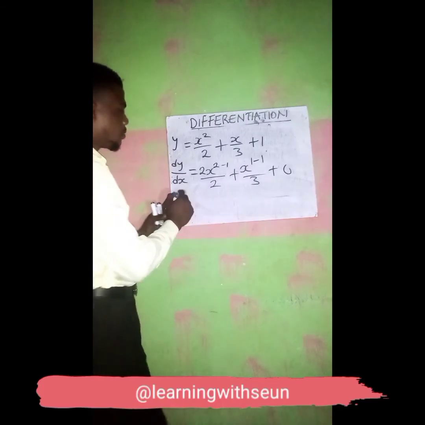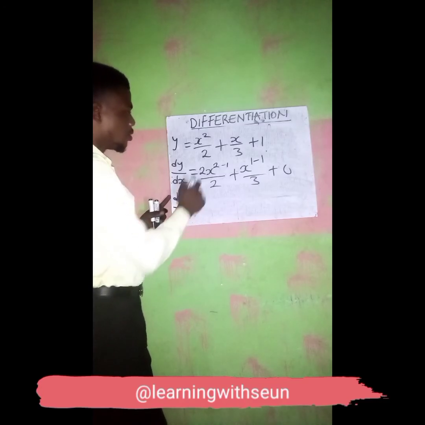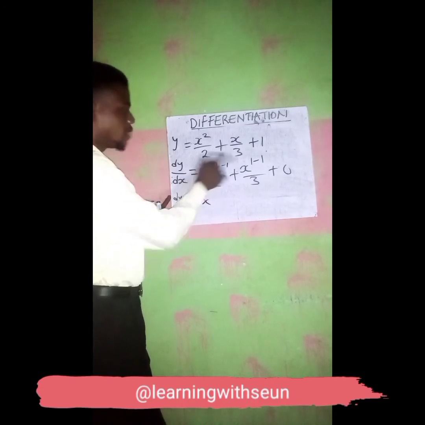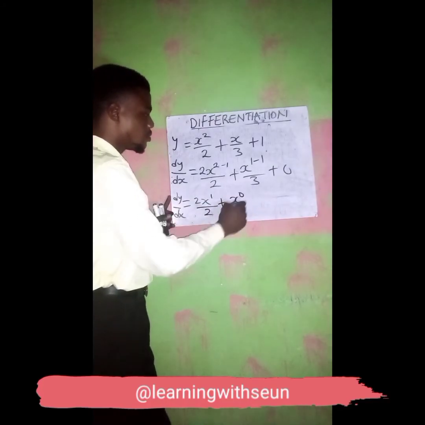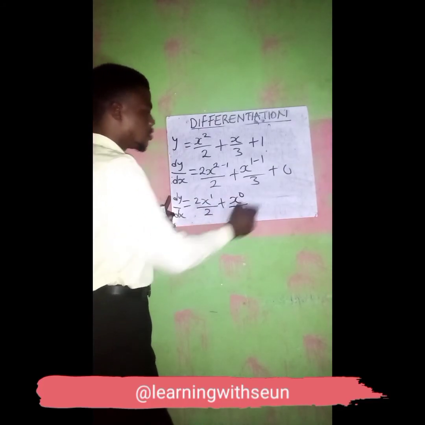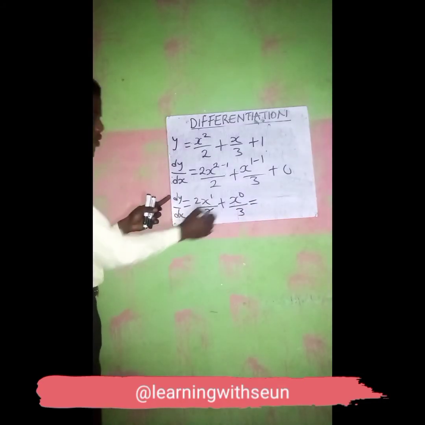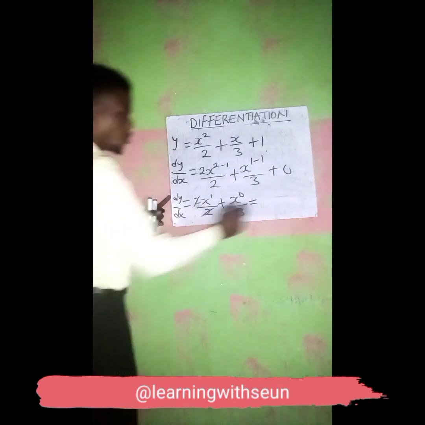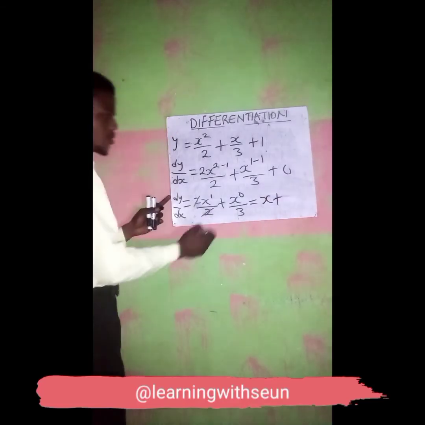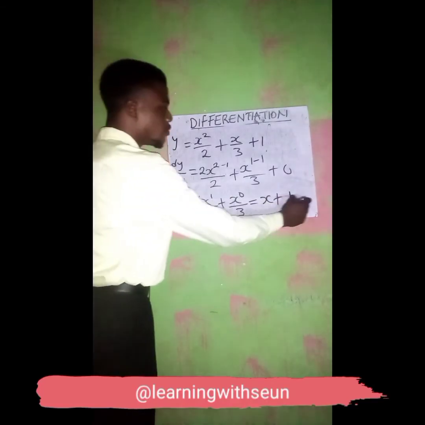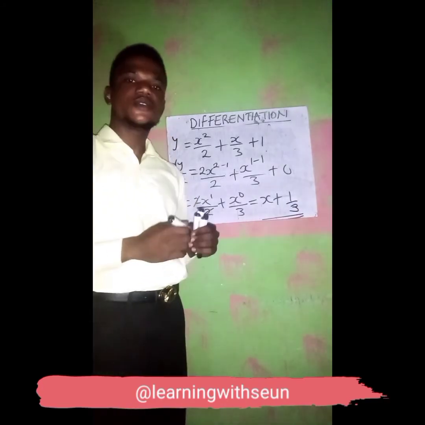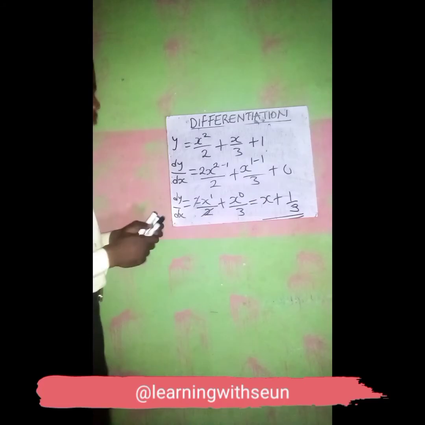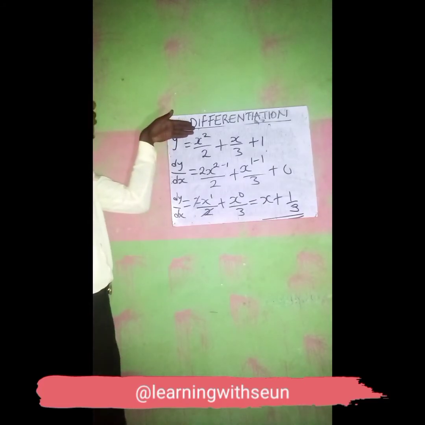Are you getting that? Now, our answer is going to be 2x, 2 minus 1, 1 over 2, plus x raised to the power of 0 over 3. Then the final answer, we cancel 2 here. So we have x plus anything raised to the power of 0, which is 1, over 3. This is now the final answer. I believe you get that. Come again. You will differentiate only the numerator.